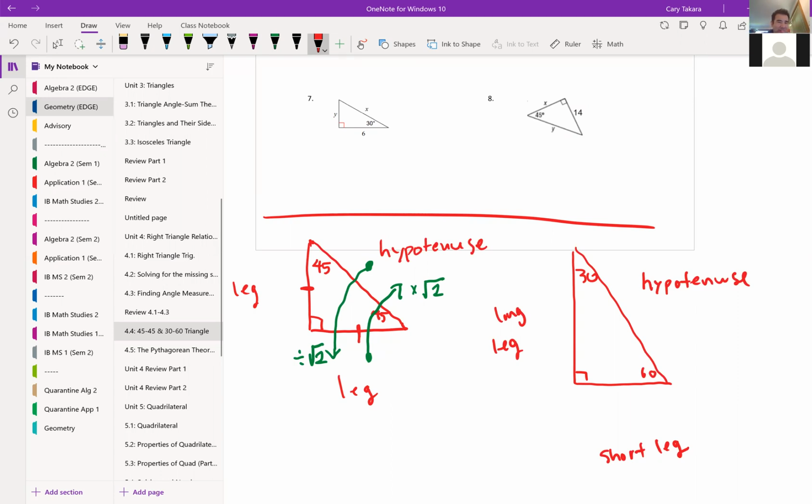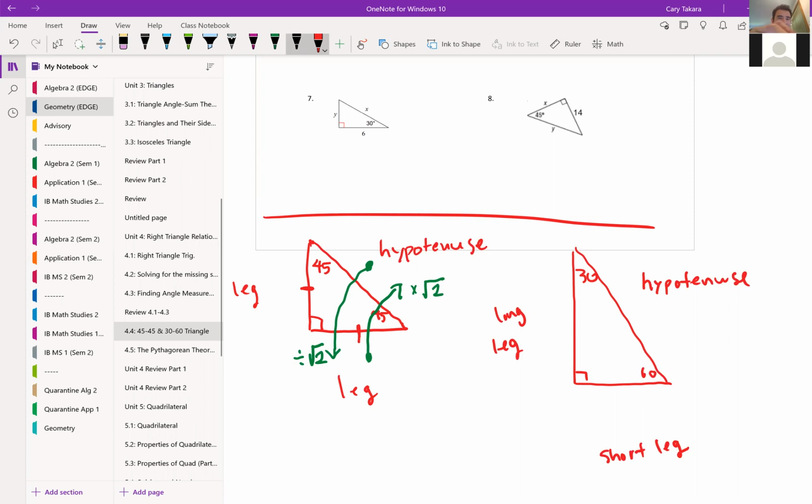You never try to figure out the long leg directly to the hypotenuse. There is no ratio for that. Well, actually there is, but we don't do that, okay? You always work with short leg to hypotenuse or short leg to long leg, okay?